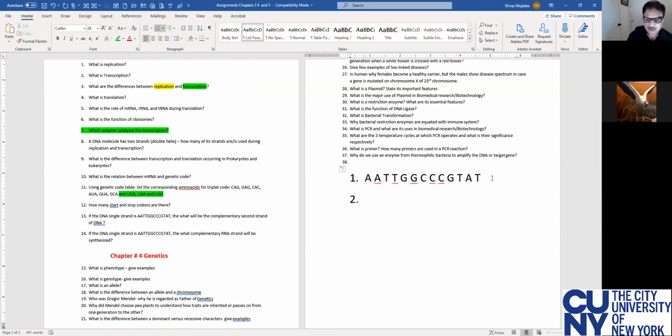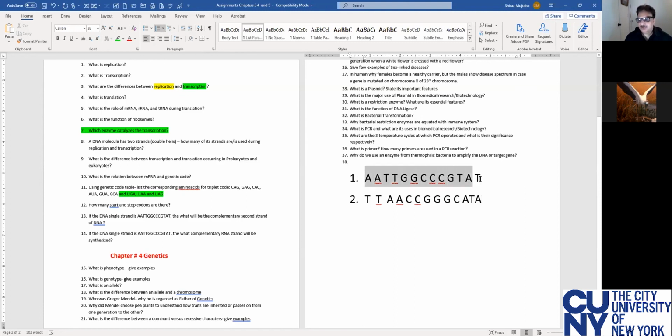For A, the second strand will have T. For A, T. For T, A. Again A. For G, C. Again C. G. G. C. A. T. A.